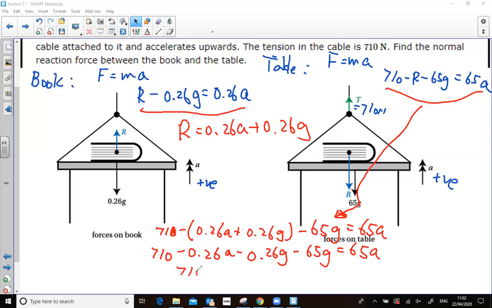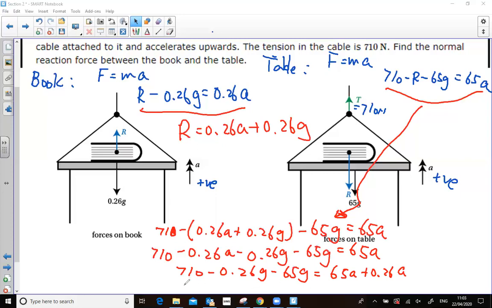So we have 710 minus 0.26G minus 65G equals 65A plus 0.26A.